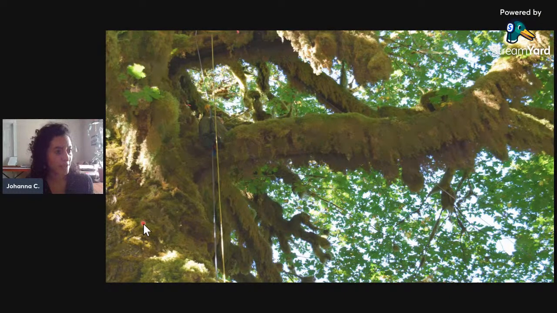What I want you to notice is that this tree is completely covered with mosses and plants. The trunk is completely covered, and the branches are also covered with mosses. This moss, and all these plants that grow over the branch, accumulate and decompose and form something we call canopy soil. And the canopy soil is the focus of my talk today.